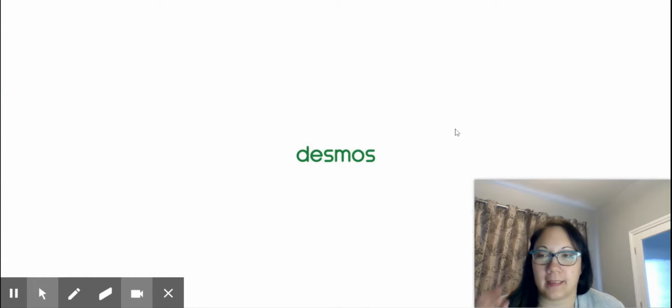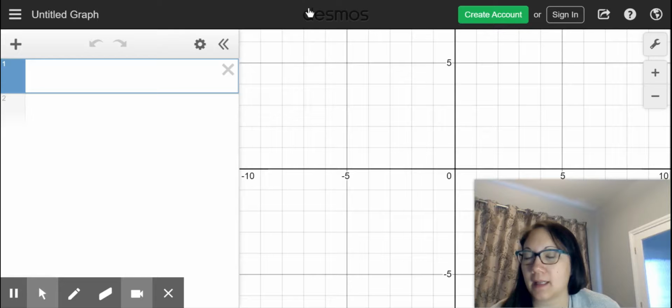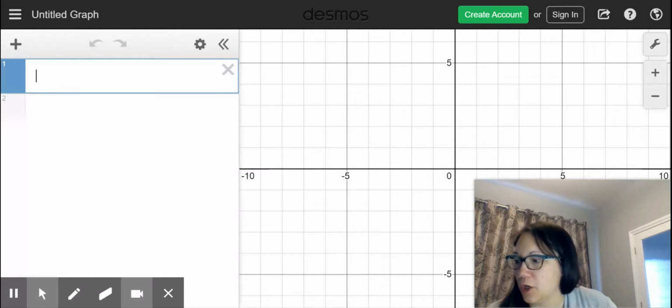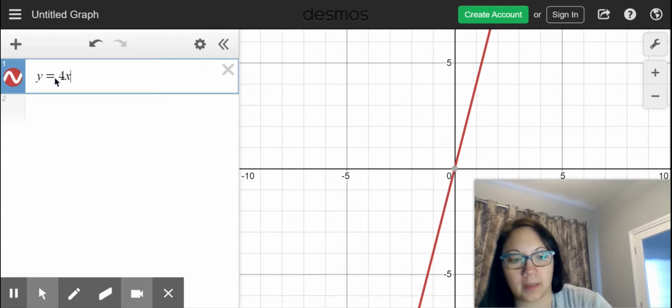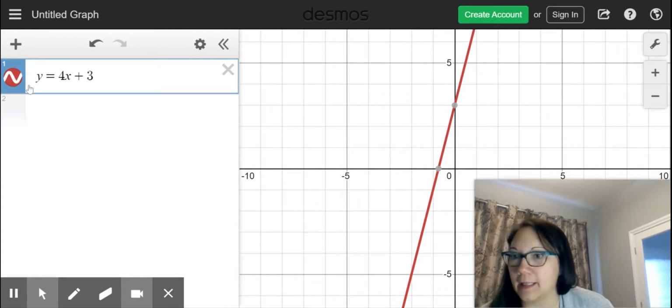Okay, so here we are at the Desmos website, and we're going to graph that example that we were just looking at. So our two equations, the first one was y equals 4x plus 3. So that is the line created there.